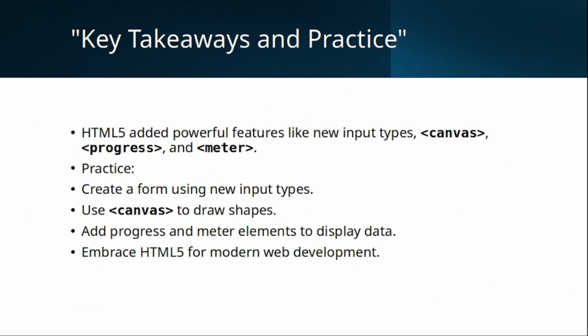I want all of you to practice: create a form using new input types like email and URL, and use canvas to draw shapes. If you can, I will be happy for that. If you cannot, just comment, I will help you. And add progress and meter elements to display data, and embrace HTML5 for modern web development.